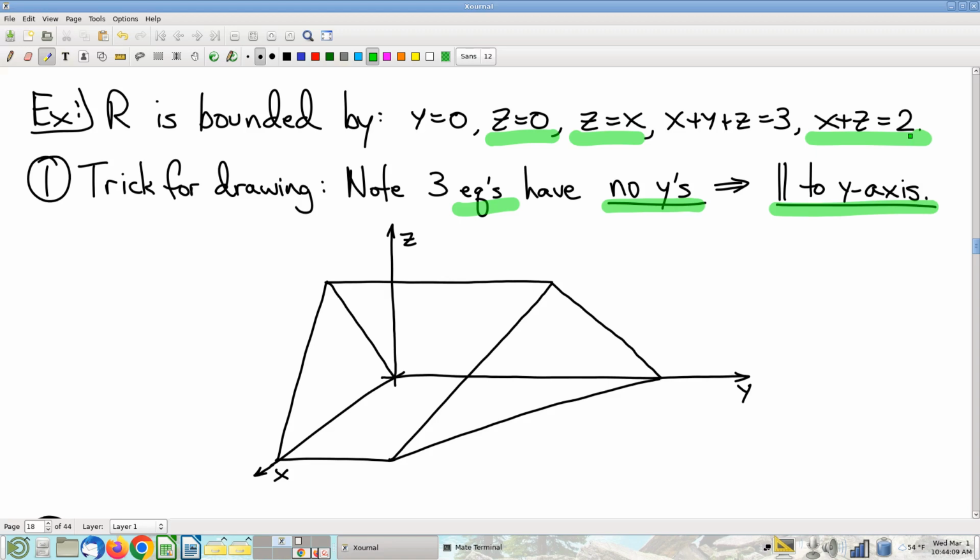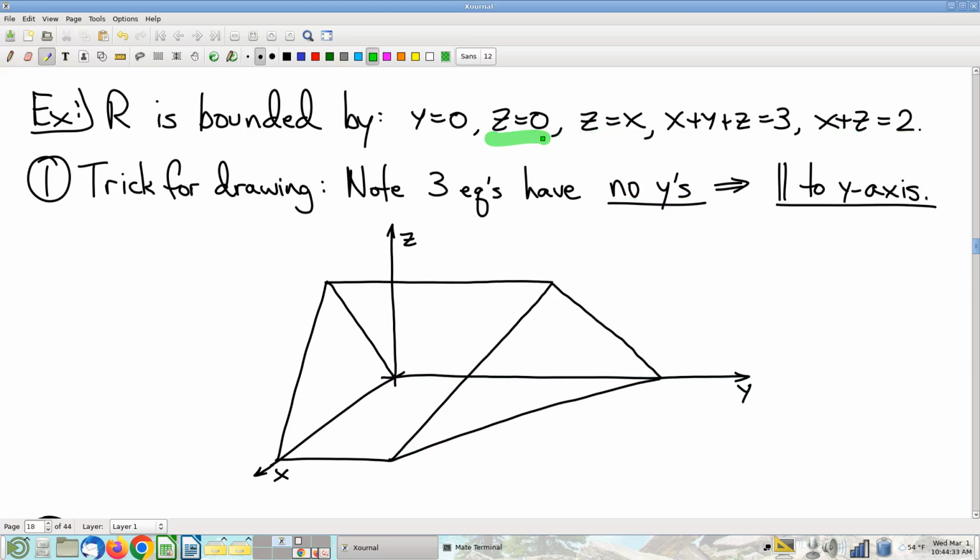In general, if I gave you 5 random planes, it'd be an unfair question, right? But the fact that these 3 equations have no y's, meaning these 3 equations are parallel to the y-axis, makes these actually pretty easy to draw. Parallel to the y-axis just means I'm drawing stuff that points that way, and I can understand what these look like pretty directly.